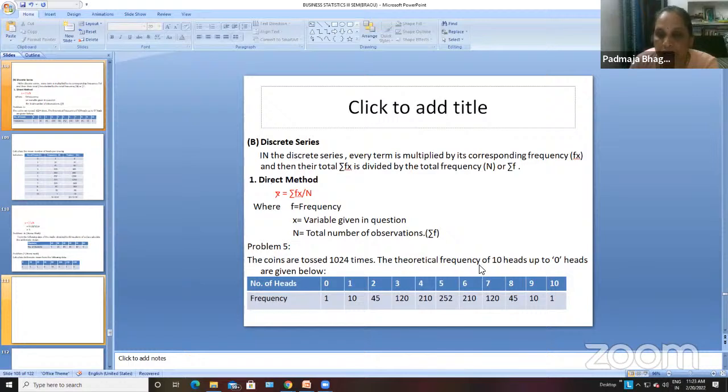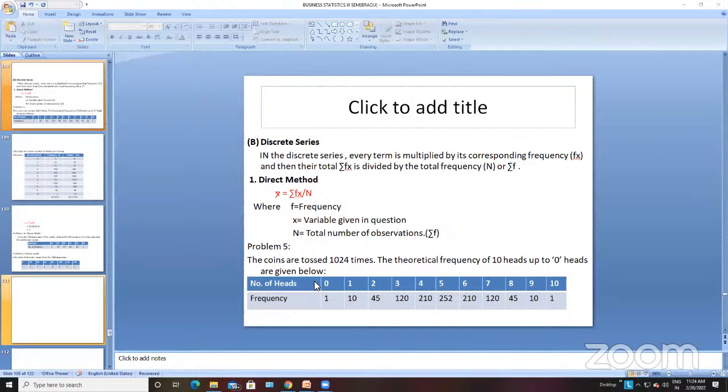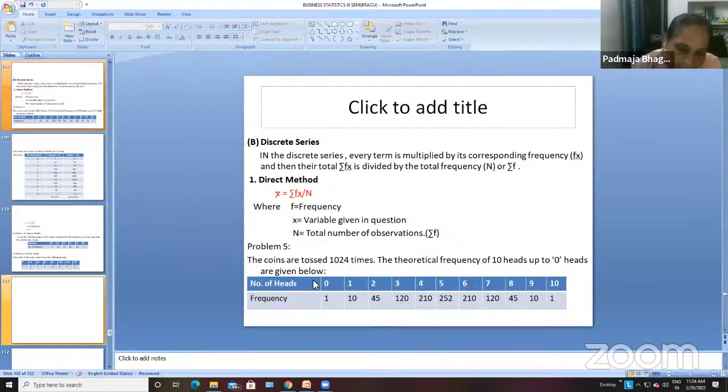The theoretical frequency of 10 heads, up to 0 heads, is given below. In an individual series, the starting point would be A or B, or otherwise 1 2 3. But here what is given? 0.